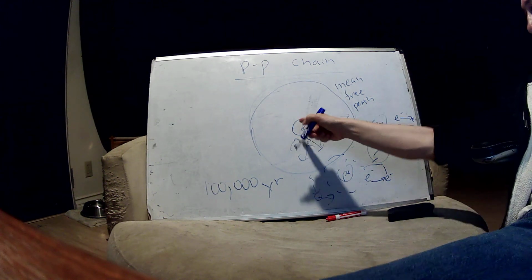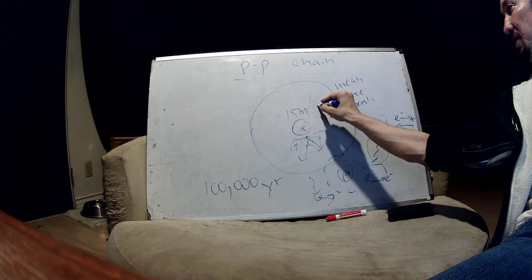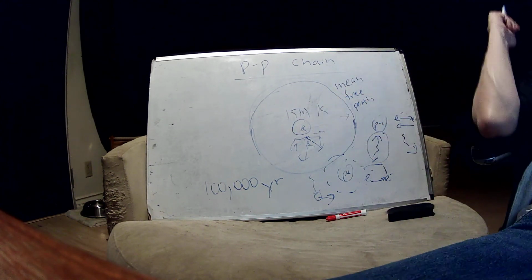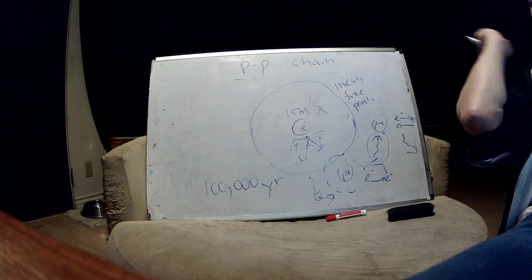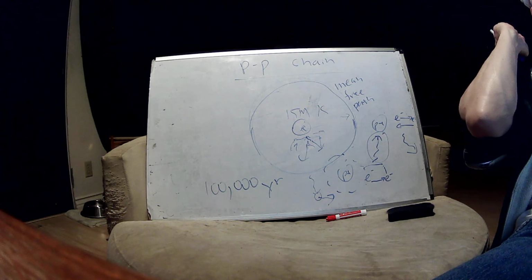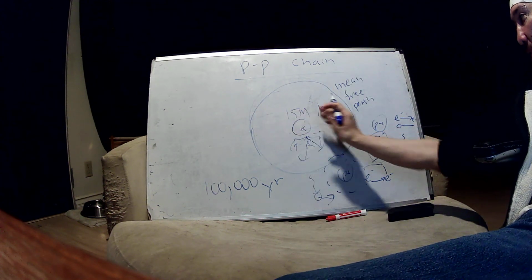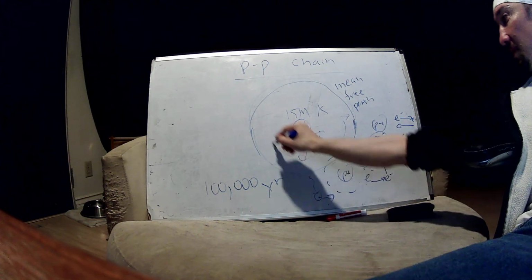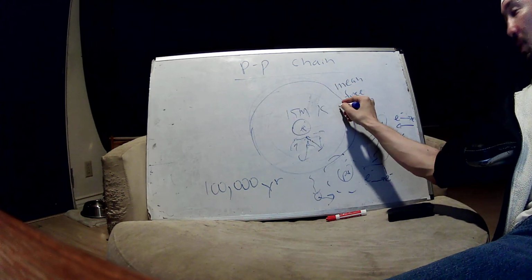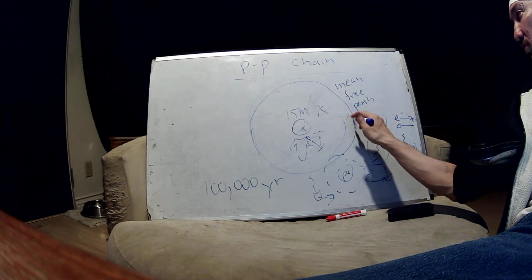The core of a star like our Sun is something like 15 million Kelvin, really, really hot, which is like 15 million degrees C. And it's dense all the way up until about this point, where we call this the radiative zone, which is more like 100,000 Kelvin.